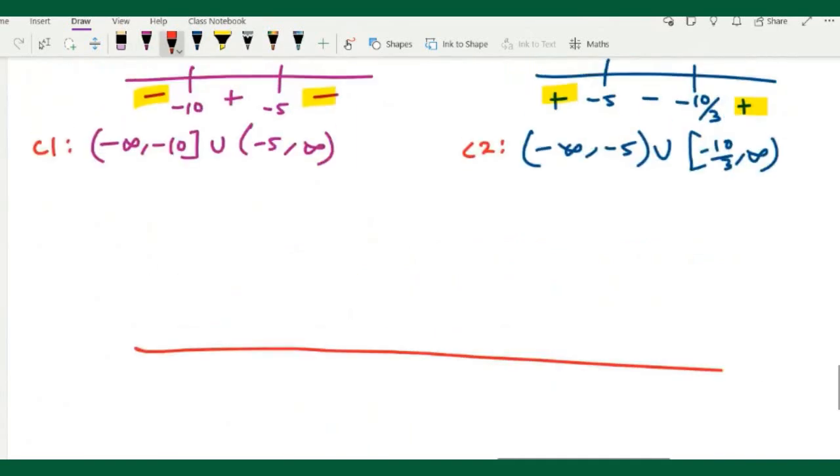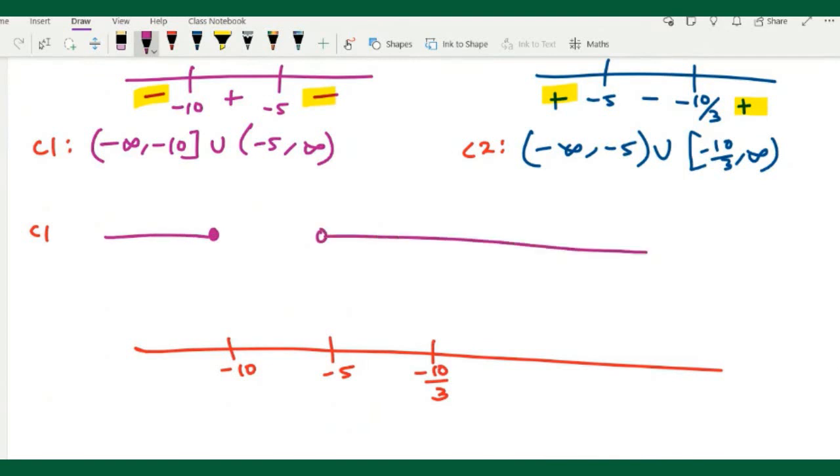Okay, so dia melibatkan negatif 10, negatif 5, negatif 5 juga, negatif 10 per 3. Okay, so case 1, negatif 10 ke kiri, negatif 5 ke kanan. Case 2, negatif 5 ke kiri, negatif 10 over 3 ke kanan.